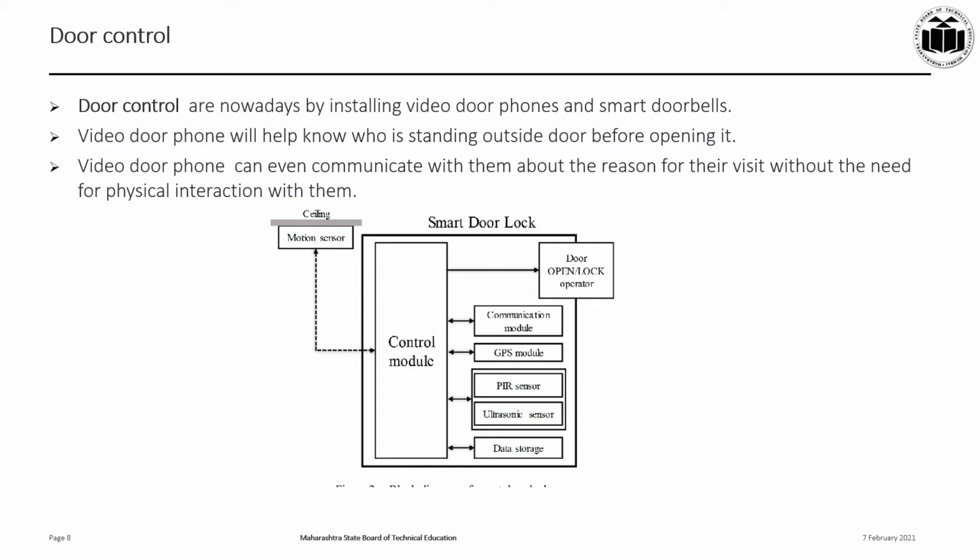With the help of video door phones, we can communicate with the person standing outside and come to know the reason for their visit, and then we can allow or deny entry to that person without interacting physically with them. So by making the door smart, we can add extra security to our home and keep our family safe from unseen dangers.